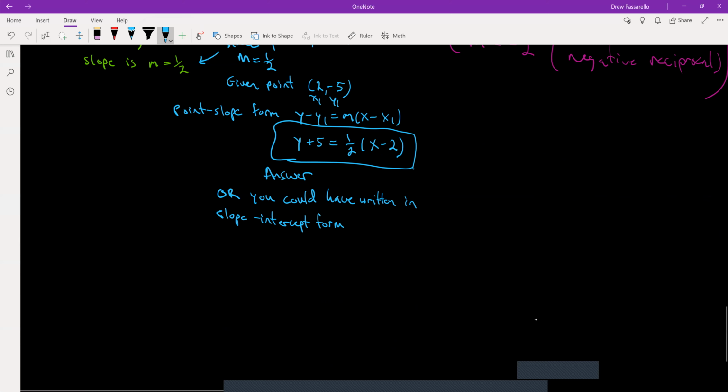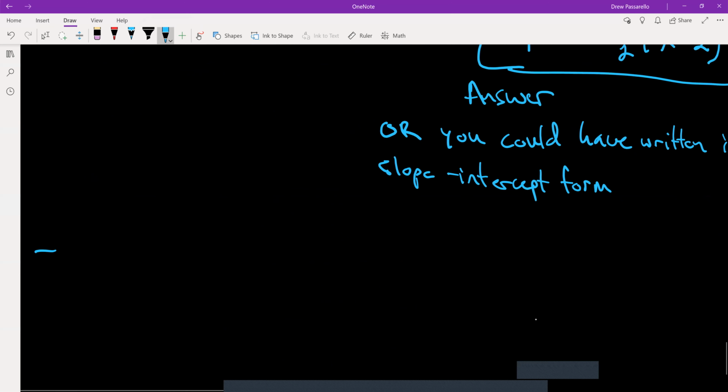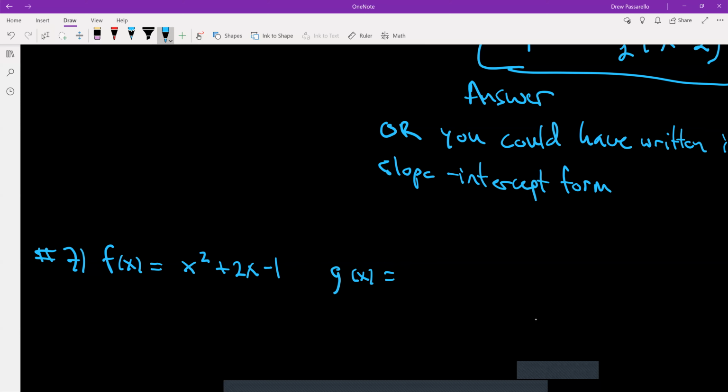All right, so this would be number 7. I'm given some function f of x equals x squared plus 2x minus 1. And I'm given another function called g of x, and that's equal to 2x minus 3.